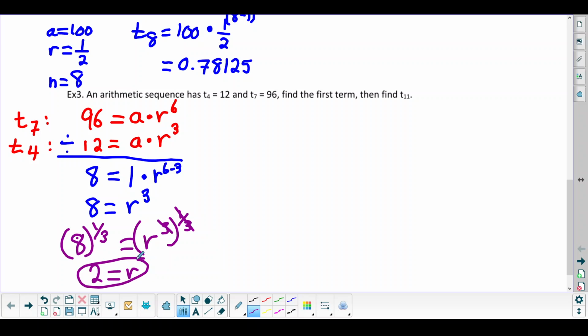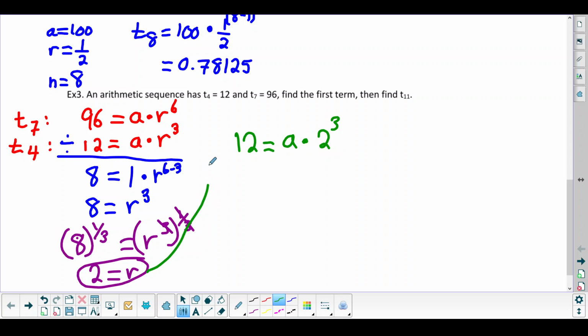Okay. Now that we've done that, just like before, we can plug that in to find the A value. We can plug it into either of our equations up here. I'm going to plug it into the one with smaller numbers. So I'm going to say 12 is equal to A times R, R is 2, to the power of 3.